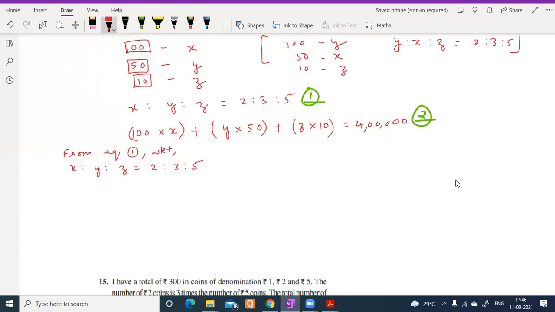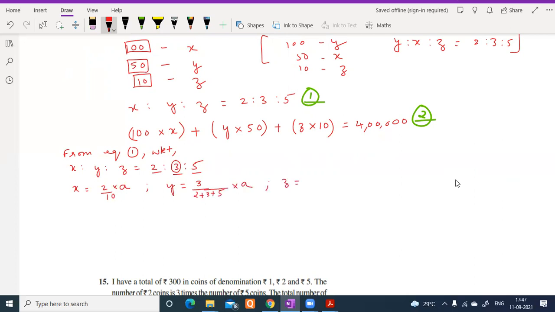So what do we do now? Let us assume a variable a. Okay, so x will be equal to 2 divided by, what is the addition of this? 2 plus 3 plus 5, that is 10 into a. Y is 3, take this number, whatever is related to y, divide by the total, what you get? 2 plus 3 plus 5 into a.